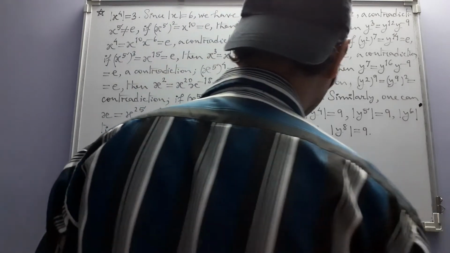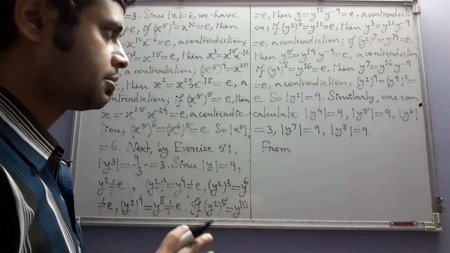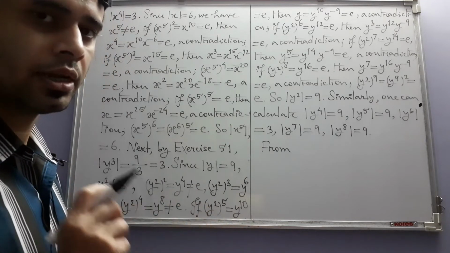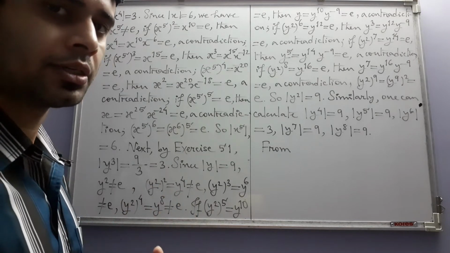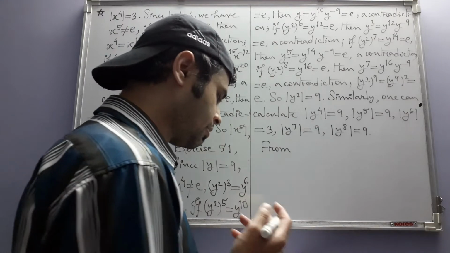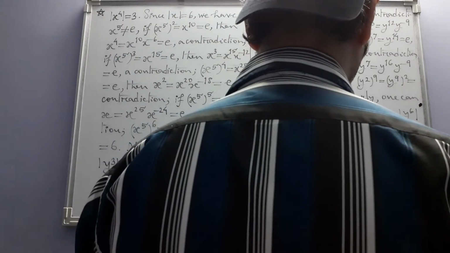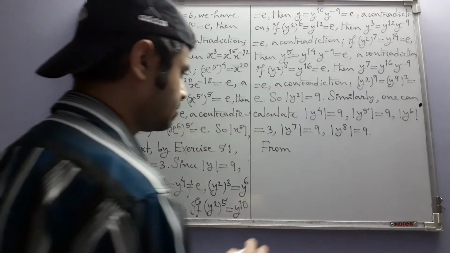Okay, so now we have to make a conjecture or a guess. We have to guess the relationship between the order of y and a positive integral power of y, or for that matter the order of any element and the order of a positive integral power of that element.